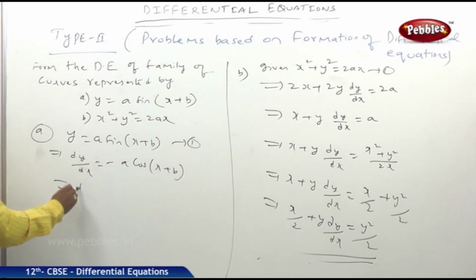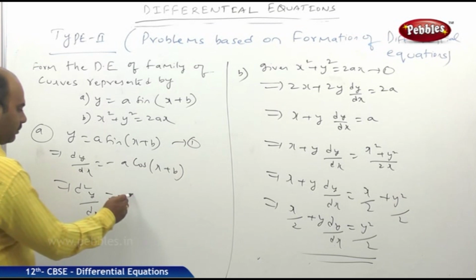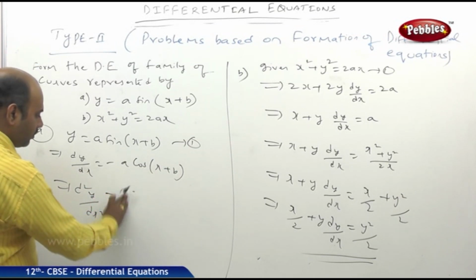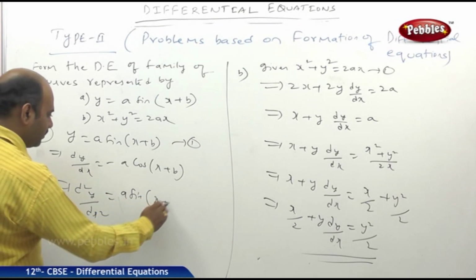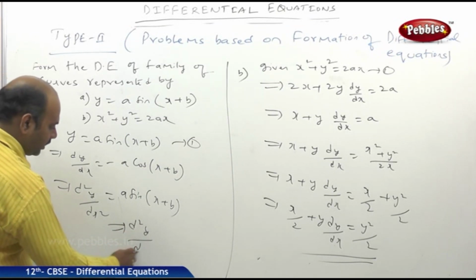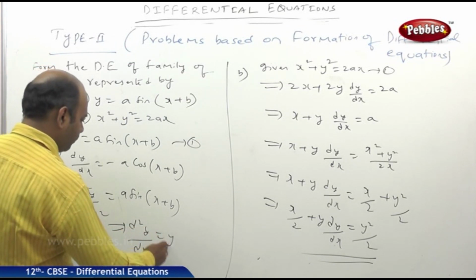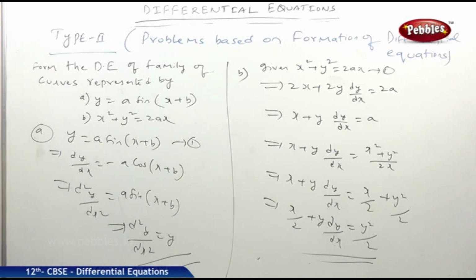Again differentiating on both sides, d²y/dx² = the derivative of cos is minus sin, so minus minus becomes plus, and here what remains is a sin(x + b). So finally d²y/dx² = y. Shifting y to that side, we will be getting d²y/dx² − y = 0.